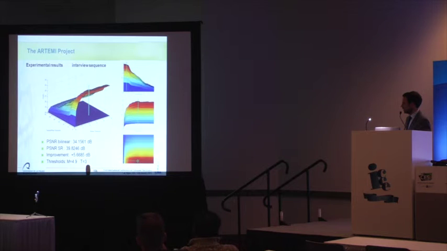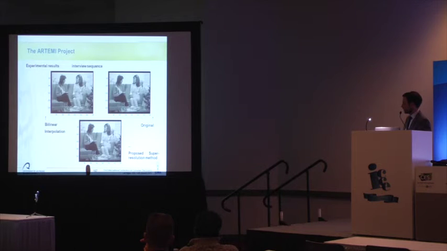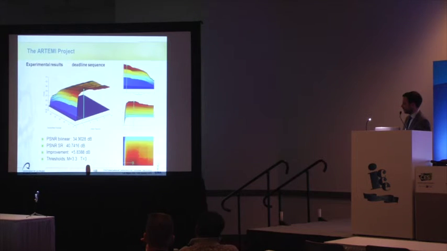With good thresholds, we get improvements of more than 5 decibels in the interview sequence. It is quite clear, the enhancement. This is the bilinear interpolation case, and this is the original sequence, and this is the super resolved. So there is a clear improvement from one to another.